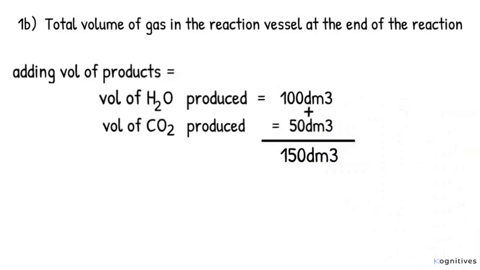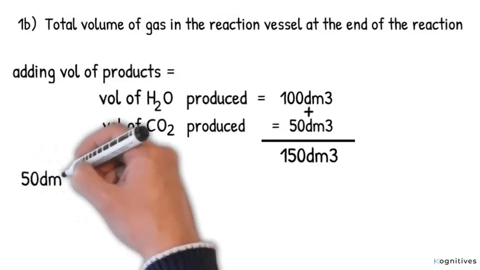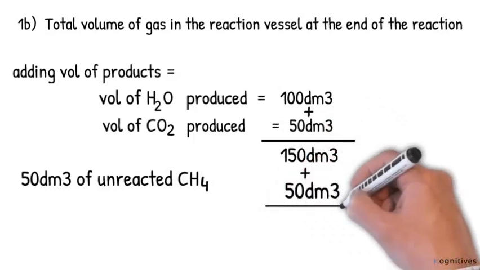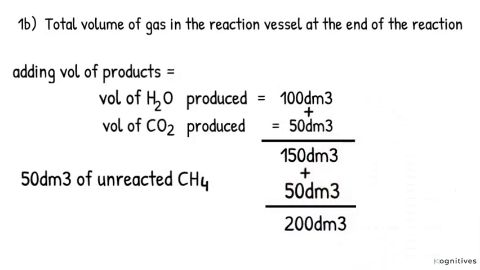But remember that we said earlier that out of the 100 dm³ of methane provided, only 50 dm³ reacted, and 50 dm³ did not react. So this 50 dm³ of unreacted methane will still be in the reaction vessel. So we are going to add this to the amount of product formed, and we have 150 plus 50 dm³ of methane, thus giving us 200 dm³ of gases that remain in the reaction vessel at the end of the reaction.